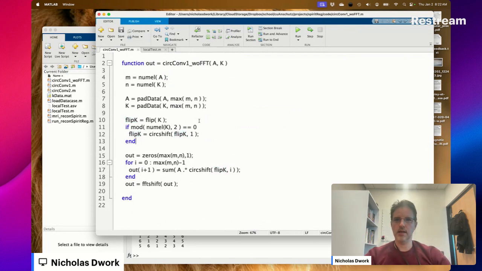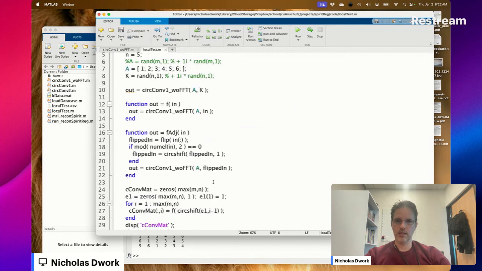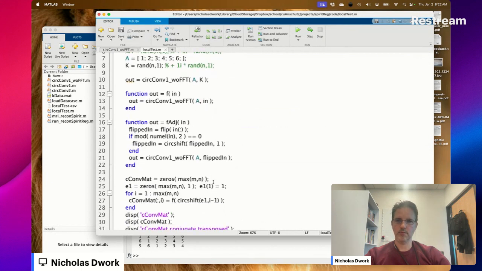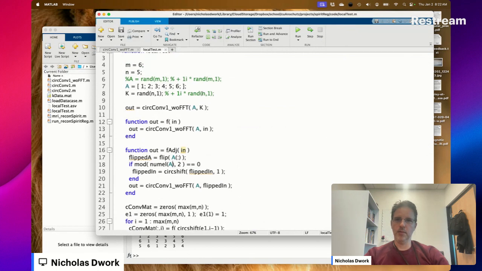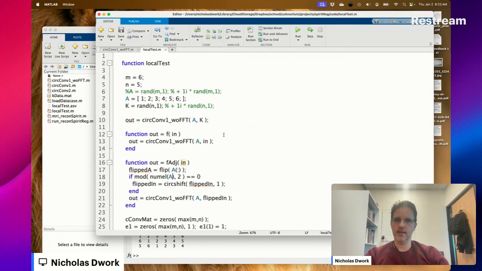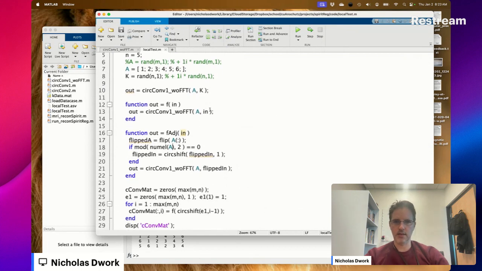Okay. I haven't padded here. That's okay because A is the larger one, but this, of course, would break, and I don't care.